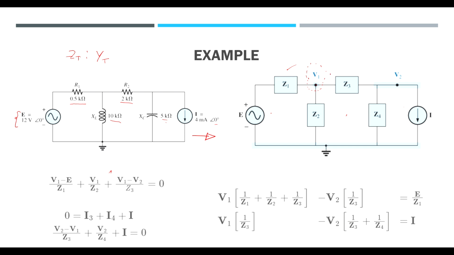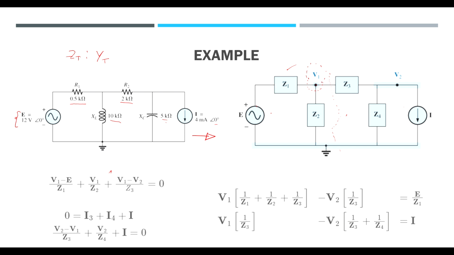So we know that if we cut this right here, for this particular part we have the top potential, which is V1, minus E, the source, which will be the total voltage in this leg divided by the impedance, because we're trying to get it in terms of electrical current.